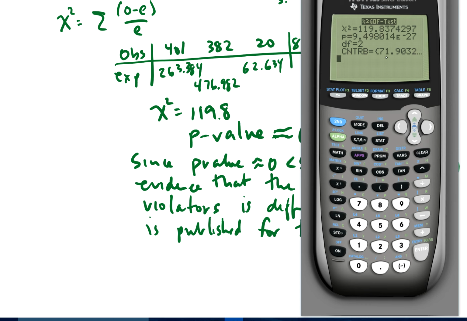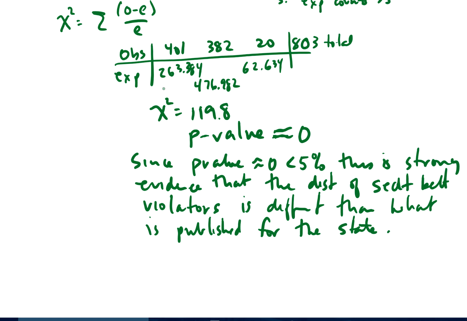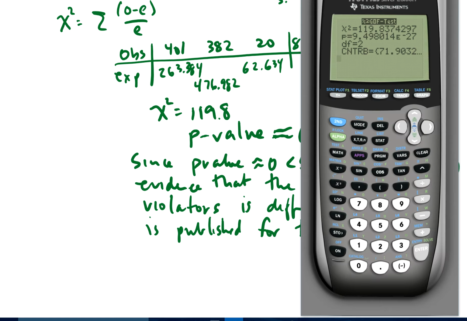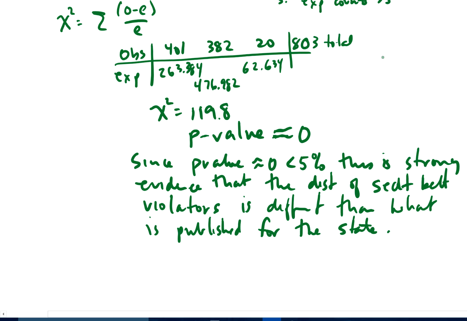Okay, and you can tell right here that even in this first one, this contribution here, that 71.9, is the first entry for the difference between observed minus expected, squared over expected.